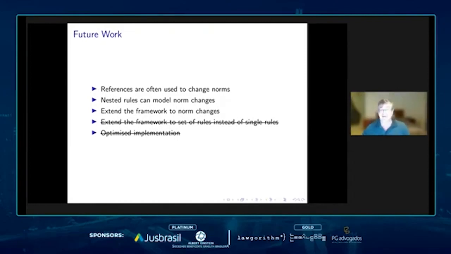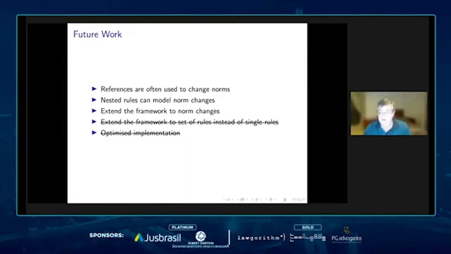In the past, we used nested rules to model norm changes. So what we want to do is extend the framework to model norm changes. A couple of months ago, we had another paper where we extended the feasible logic and the computational model of the feasible logic to handle nested rules.